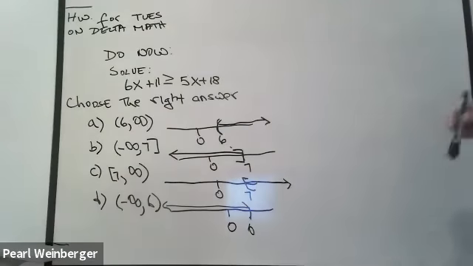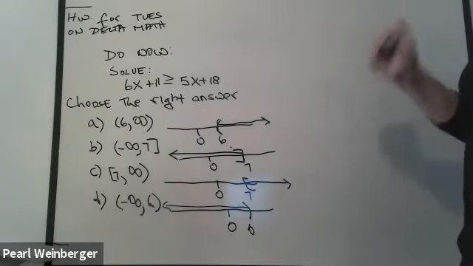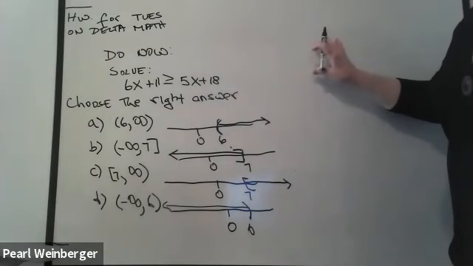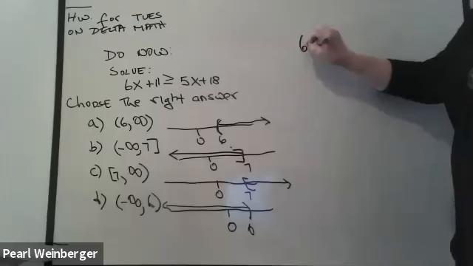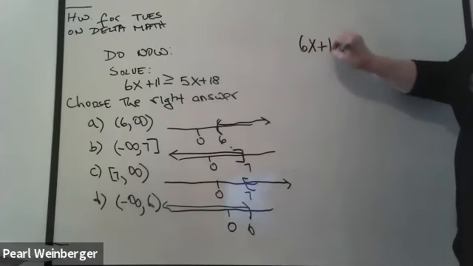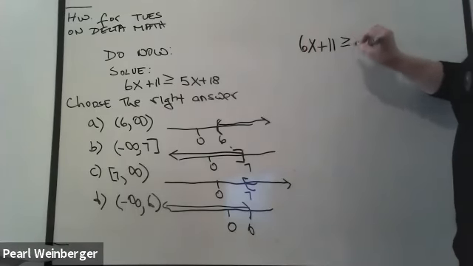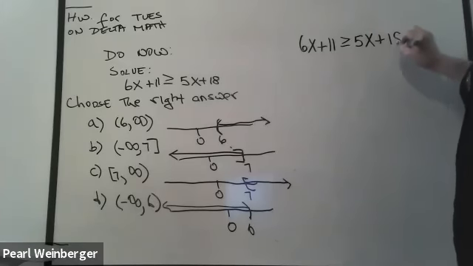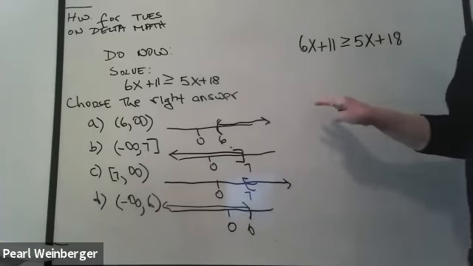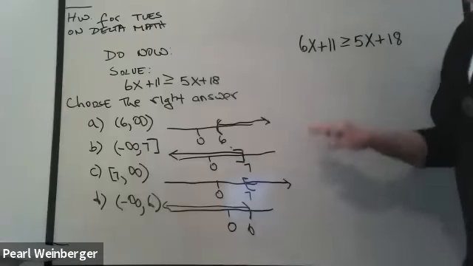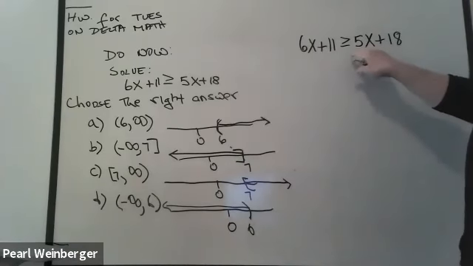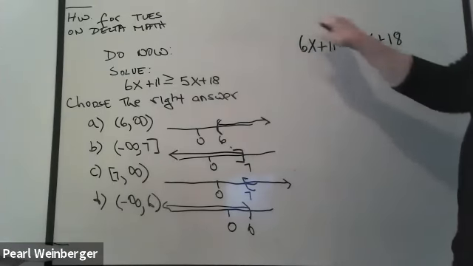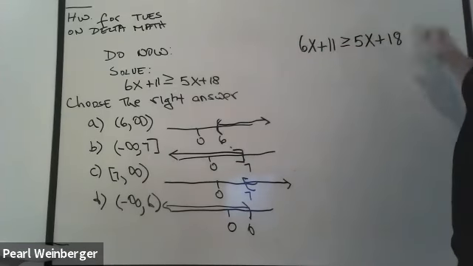So that's going to be one of the things we're going to do. I'm going to do this problem the way I would do it if it's what we call an open-ended question, if it was just given without any answers and I had to solve it. And we remember that we want to bring the x's always to the left side and the numbers to the right side.